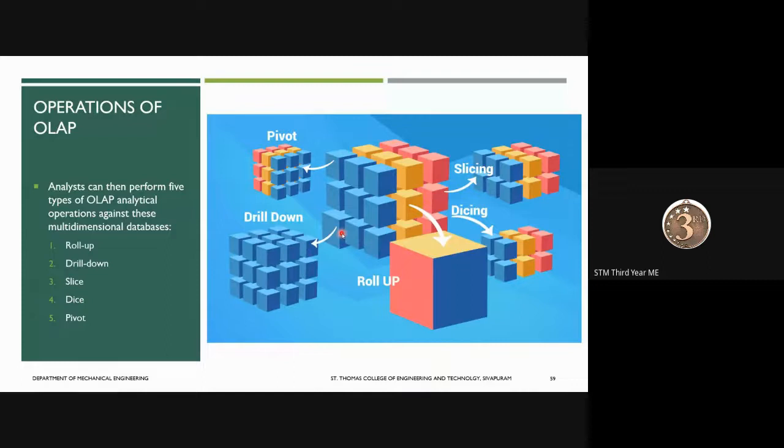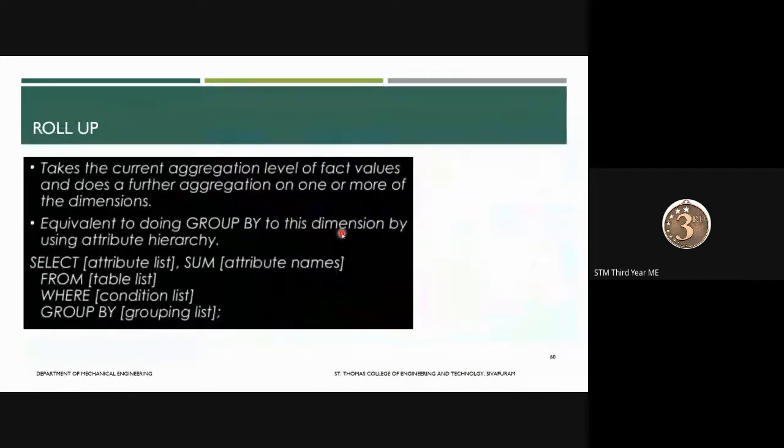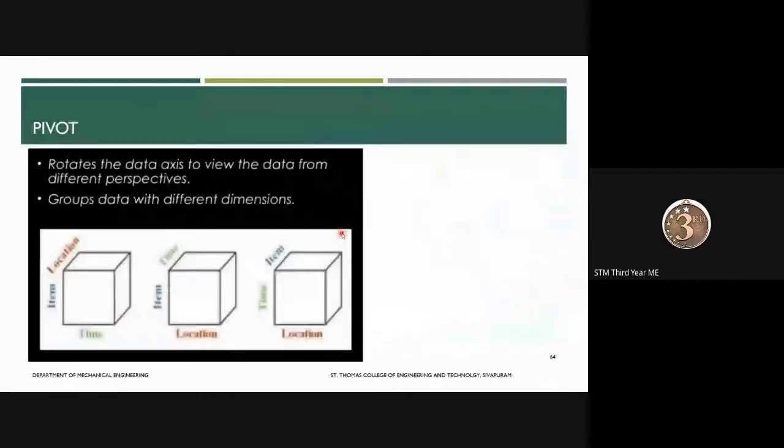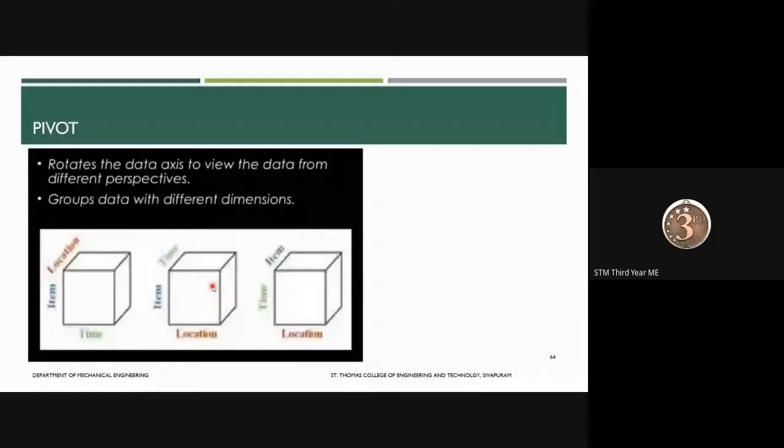So these are the 5 operations that come under OLAP. Under pivot, you can look here: x-axis is location, y-axis is item, z-axis is time. If you pivot it, you can turn it like this: location in the x-axis, item in the y-axis, time in the z-axis, or even location in the x-axis, time in the y-axis, and item in the z-axis.